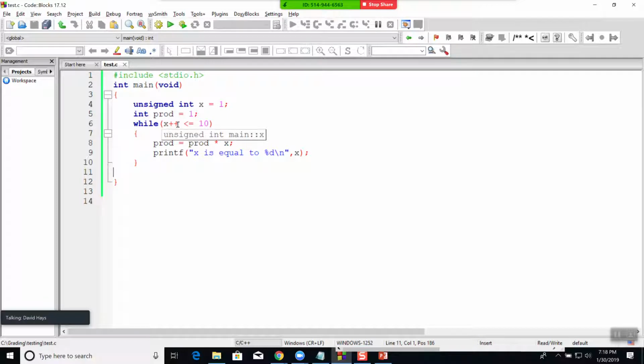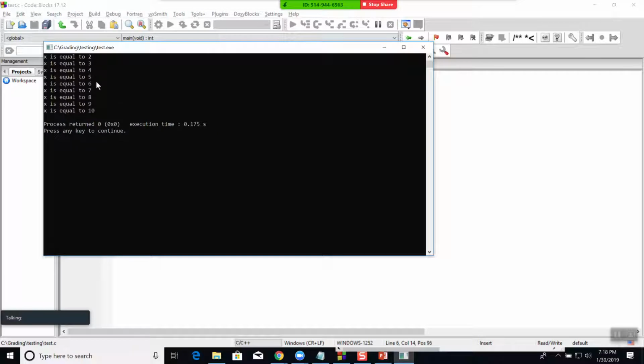And I think this plus here increments it after. Yeah. Well, no. I don't think that hard, so I don't do these things. If I put the plus plus there, it goes 2 to 10.